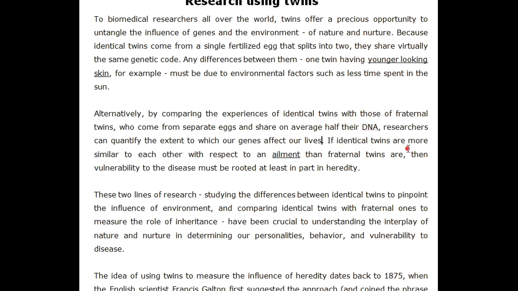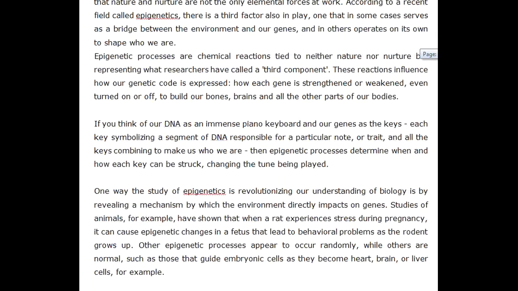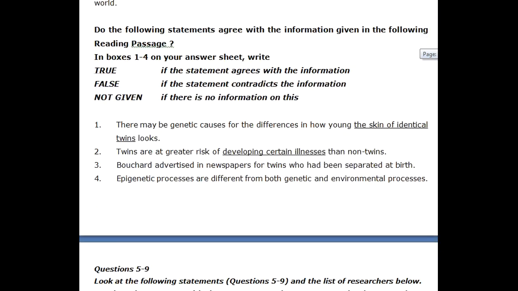If identical twins are more similar to each other with respect to an ailment than fraternal twins, then vulnerability to the disease must be rooted at least in part. Means at least in part they are much more vulnerable. So the statement is true. So I'll write true here because they are saying that they are at greater risk, right?